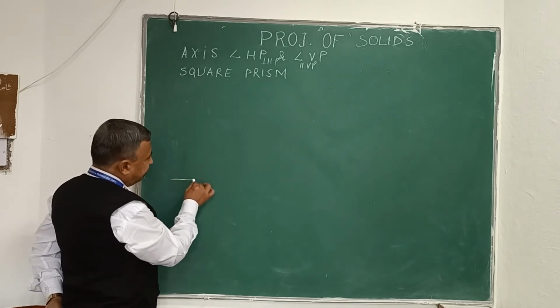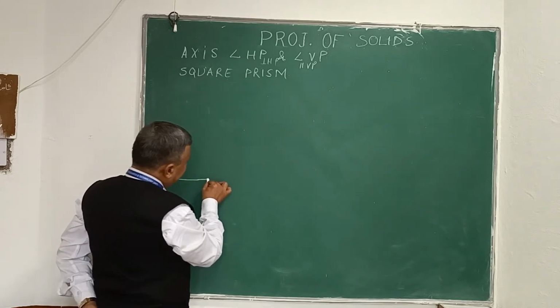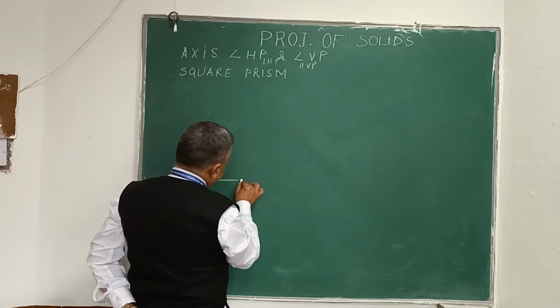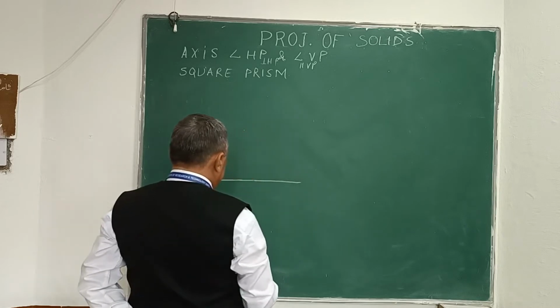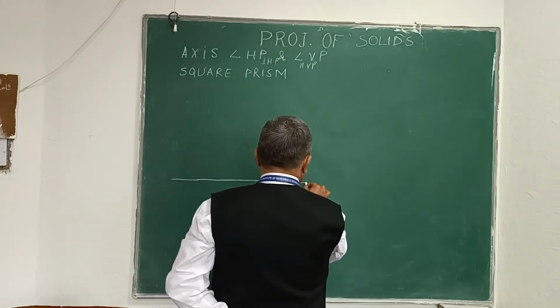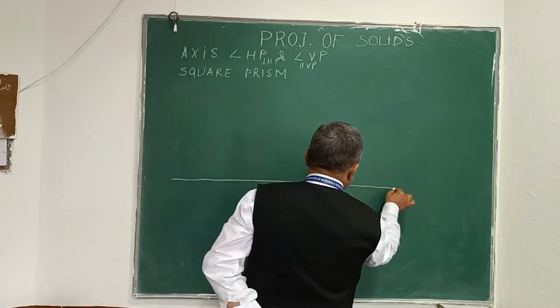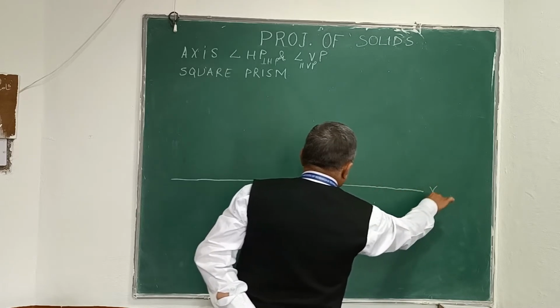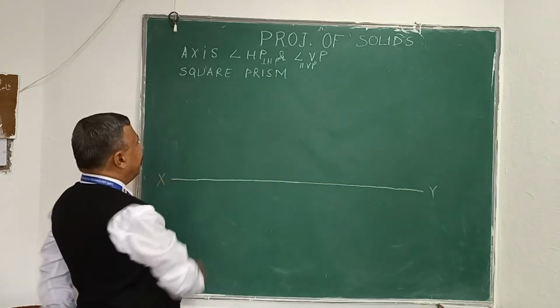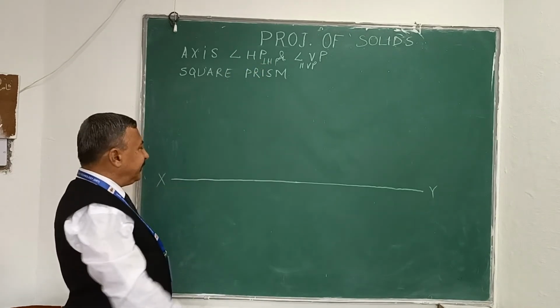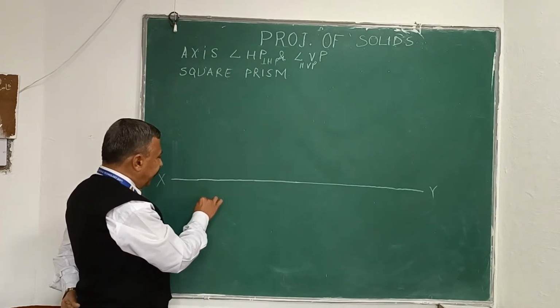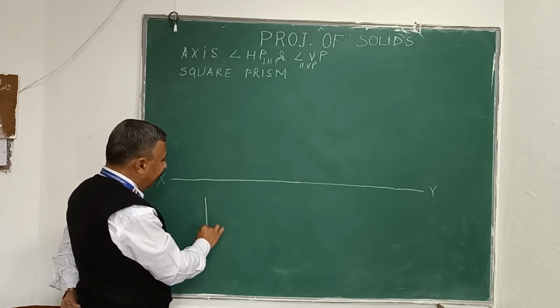As you know, we have to decide in which view the base has come and in which view the face has come. When axis is perpendicular to HP, the base is in top view. So in top view, I have drawn a square.